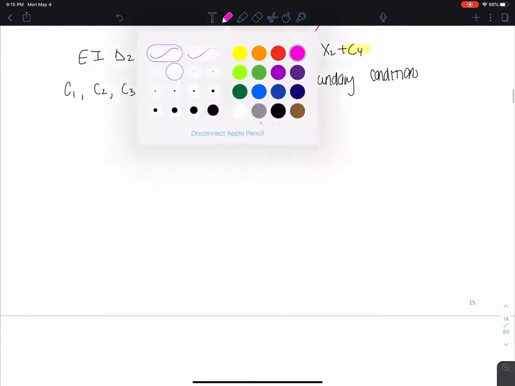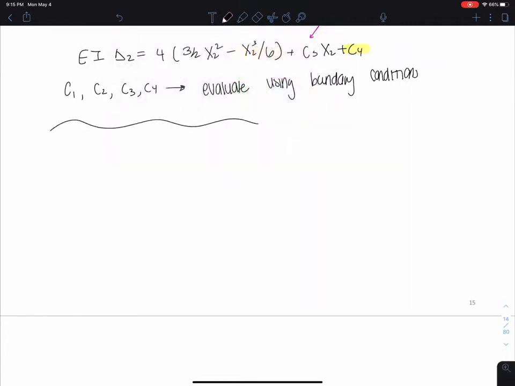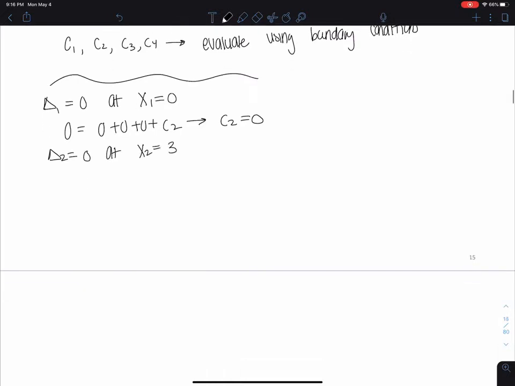I'm going to say delta 1 equals 0 at x1 equals 0, and I plug that into the first equation and get all zeros except C2, so C2 equals 0. I also know that delta 2 equals 0 at x2 equals 3. Plugging that into the equation, I get 4 times 3 over 2, plugging in 3.